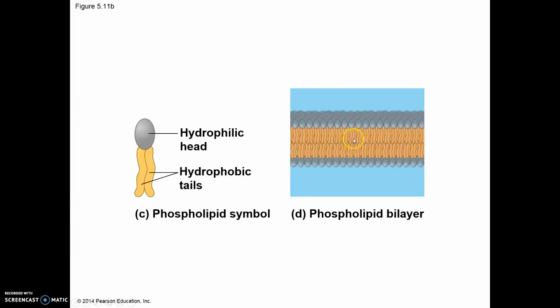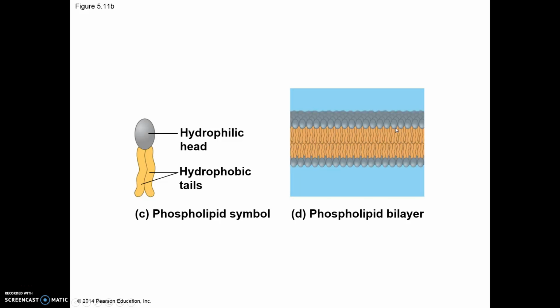The hydrophobic tails all point in the same direction on one face and then point in the opposite direction on the other face. It allows us to produce these structures. We can take these and wrap them into spheres of varying sizes, which leads to the compartmentalization within our cells. So these are very important, and we'll come back to the idea of phospholipids later on. We'll do a much deeper dive on membranes.